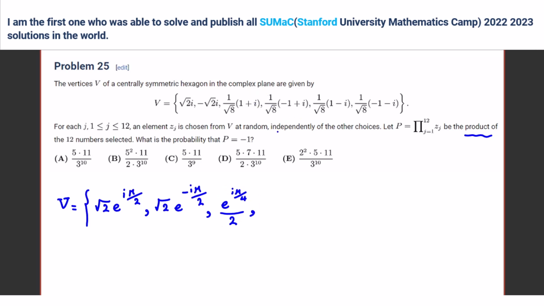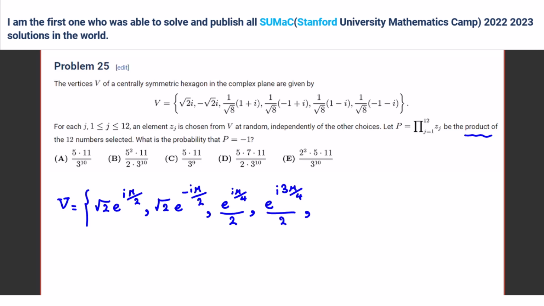Okay. What about this one? 1 over 2 e to the 3 pi i over 4, right? Yeah. This one is what? It's the same thing.